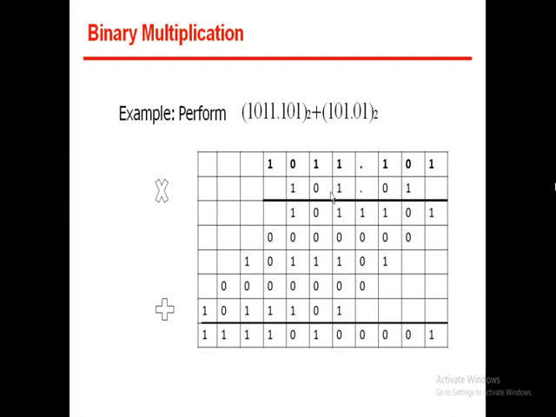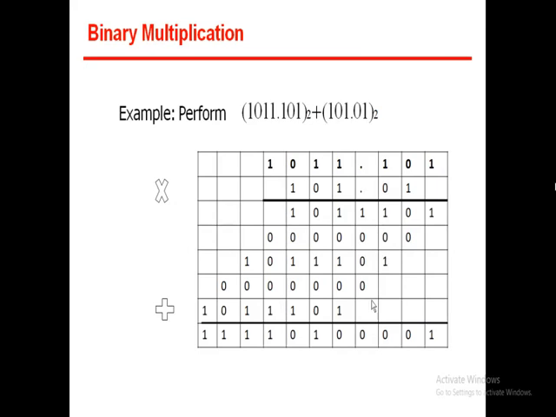Then adding these numbers: 1 0 1 1 is 0 1. 1 1 plus 0, then there is a carry 1, then add that 1 with the carry, it will be 0, then again carry.